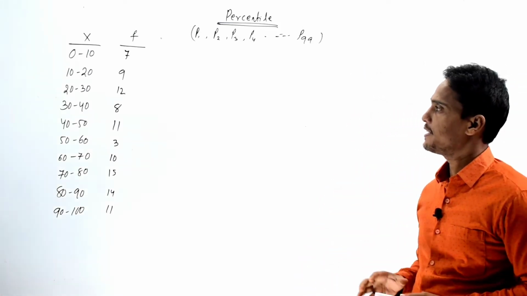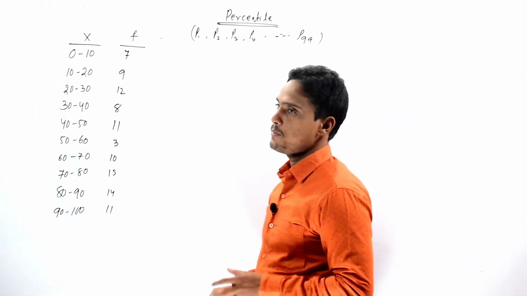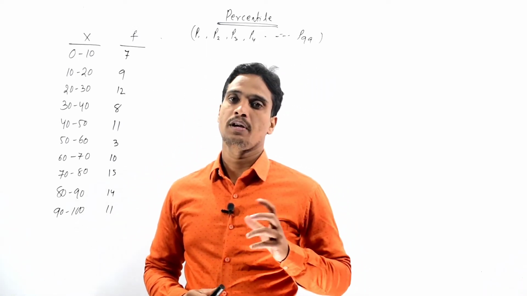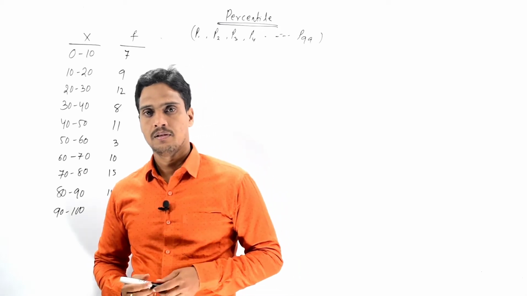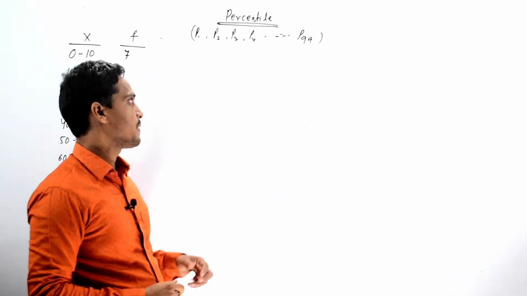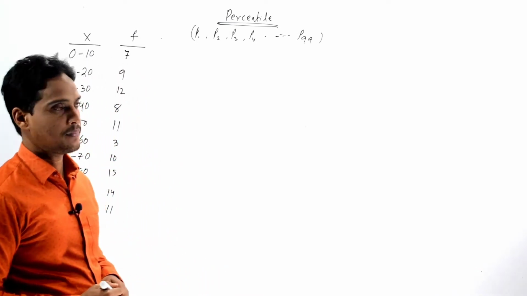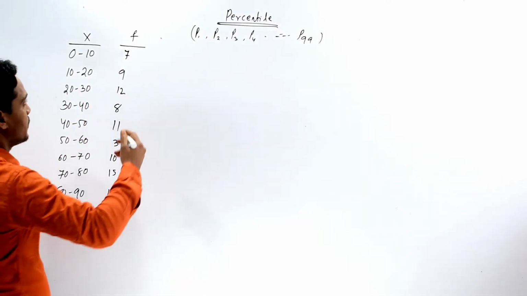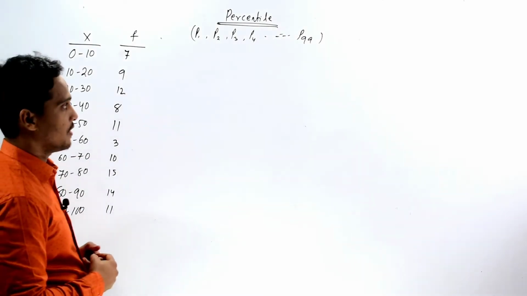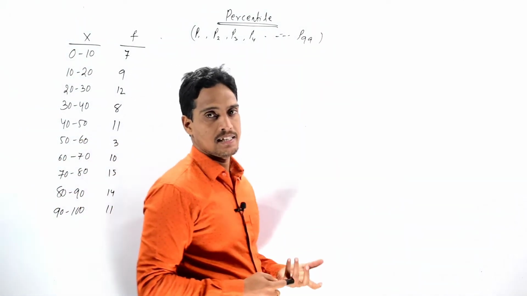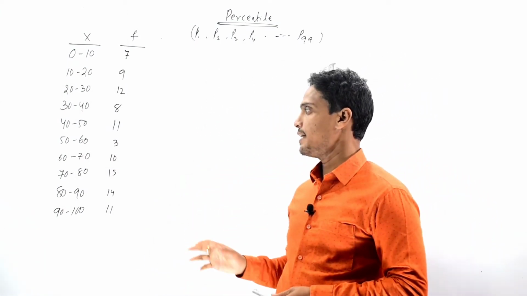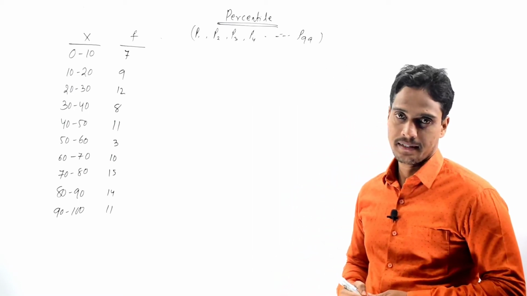As it is a continuous series, before computing any percentile, first of all we have to find out the respective class of our concerned percentile. Here we have to arrange the given data in ascending order. As it is already arranged in ascending order, there is no need of rearrangement.